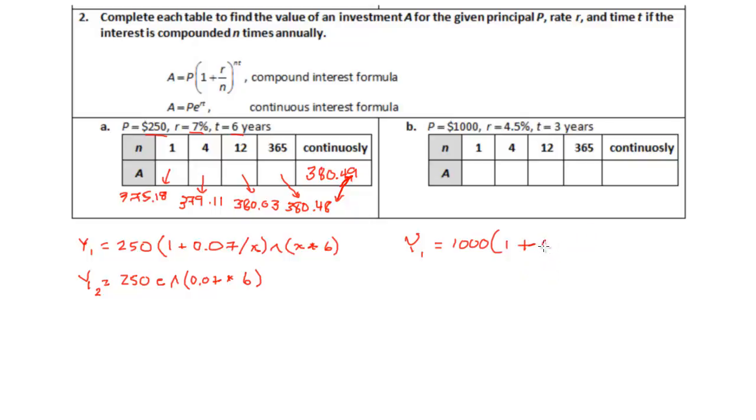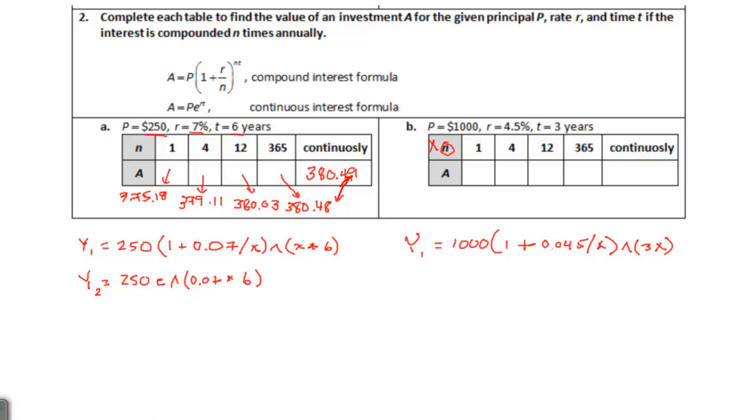If you were putting it in your calculator, it'd look like this, 0.045 divided by x, raised to the 3x. X represents n here. So this is x. This is our variable.